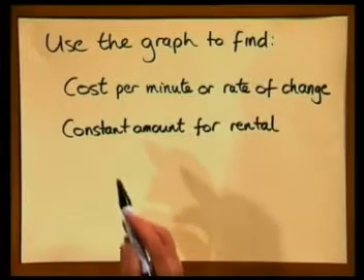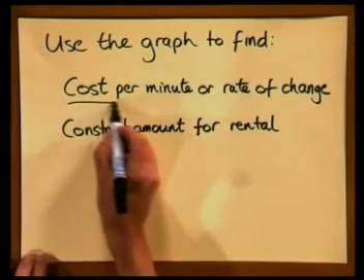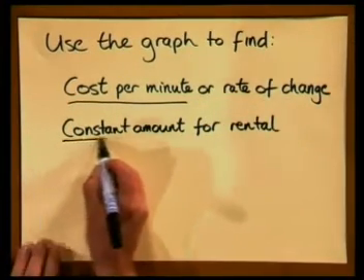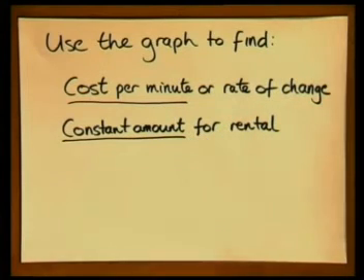Now surely, if this graph contains all of the information about the relationship between the duration of calls and the total cost, then it should also contain information about the cost per minute, or the rate of change, as well as the constant amount that we need to pay for renting the telephone line. We just need to know where to look.